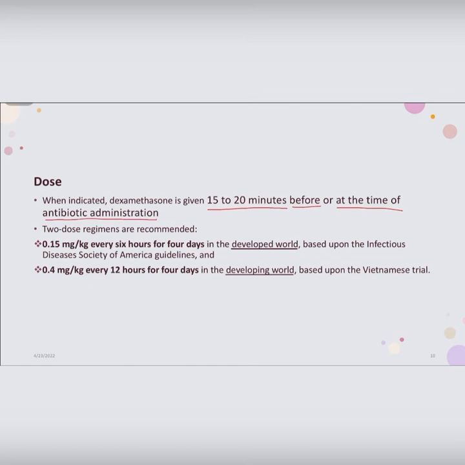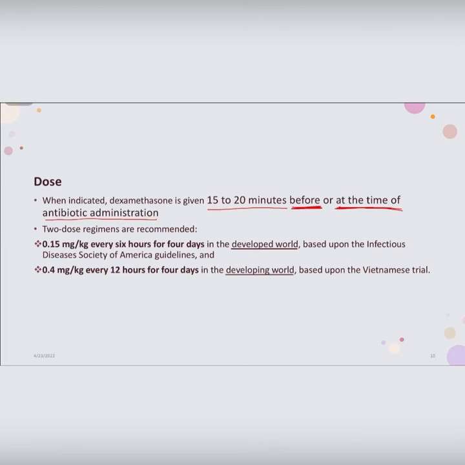This is really important, before or at the time of antibiotic administration, to be able to get benefits from using steroids in treating bacterial meningitis.